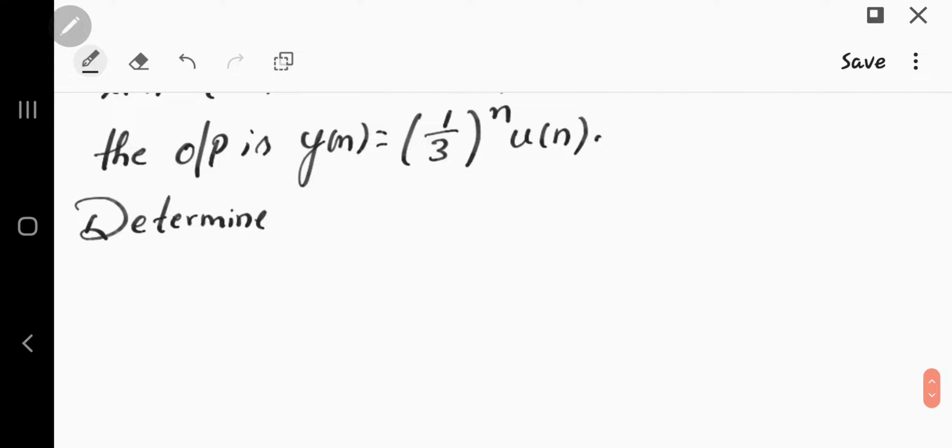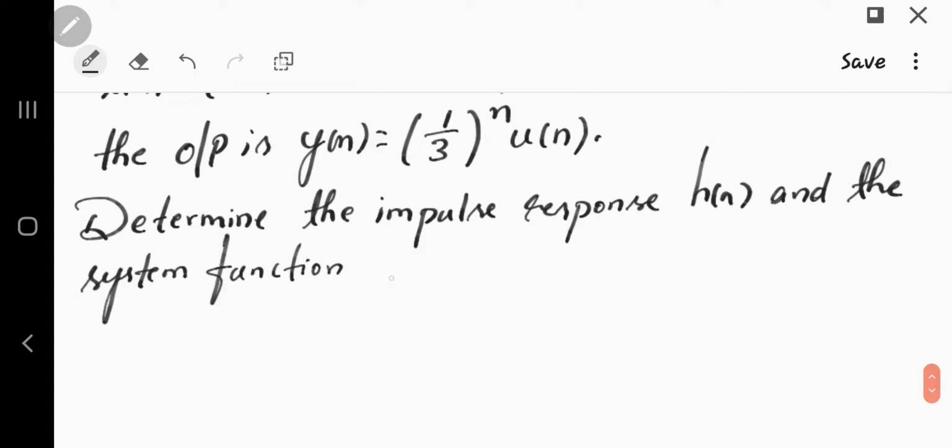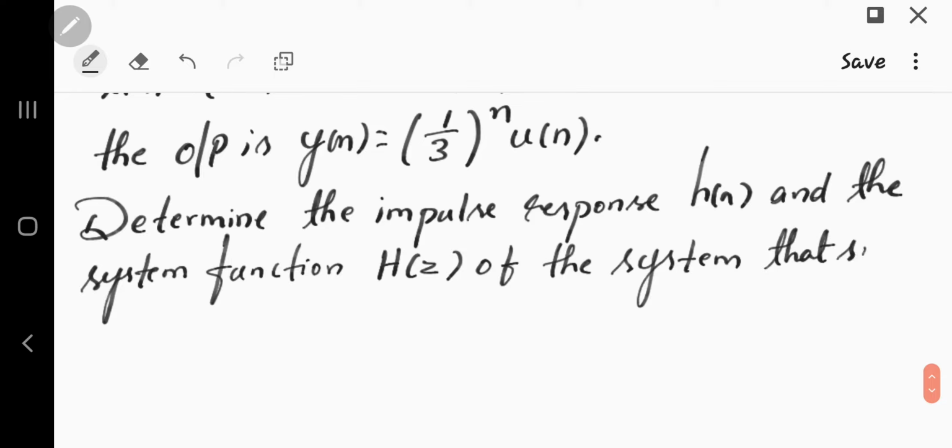Now determine the impulse response h of n and the system function h of z of the system that satisfies this condition.